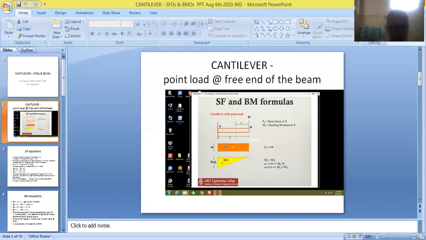And this is about the construction of SF and BM diagrams. So far as the case of a point load that is acting at the free end of the beam, preparation of equations and construction of diagrams are very, very essential in all these cases.